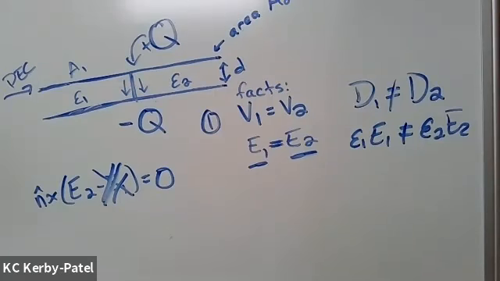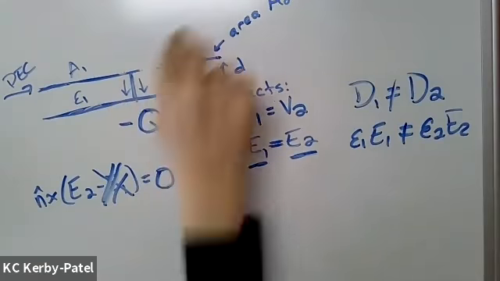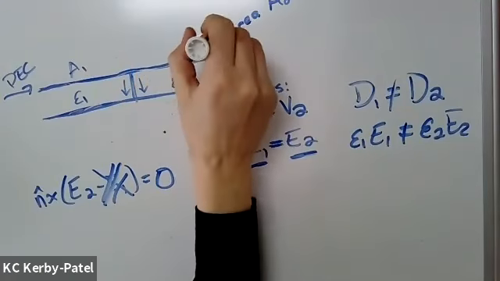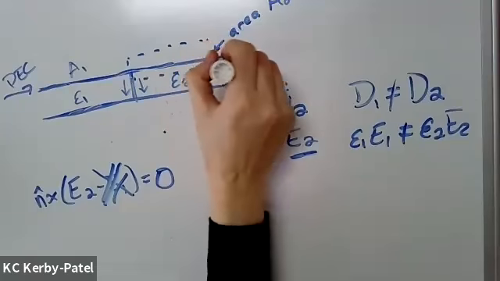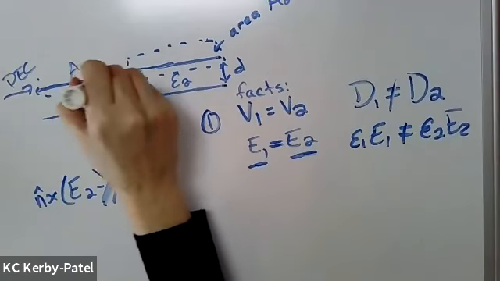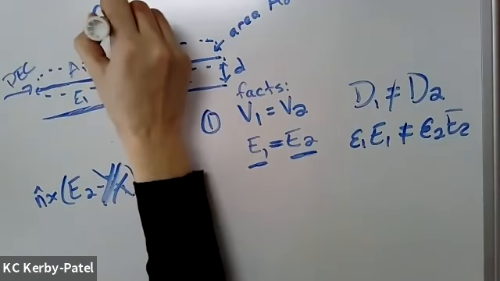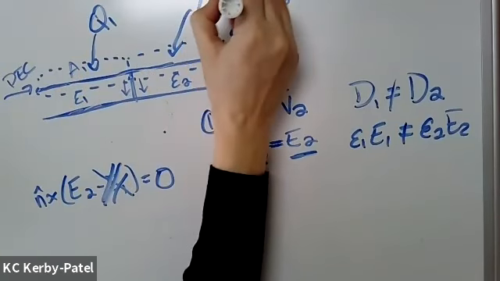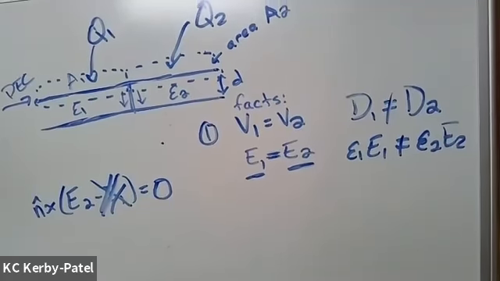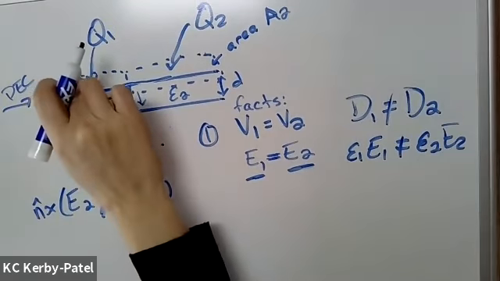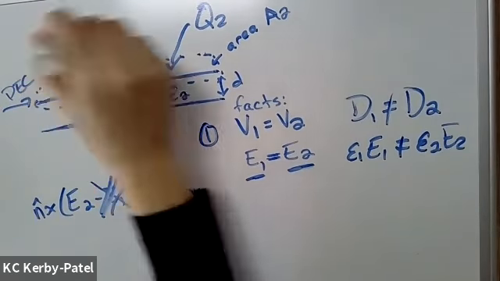Cool. But that means, what's going on with the charge here? If we think about what our Gaussian surface might look like, if we draw a separate Gaussian surface for this area and this area, and say that we have Q1 over here and Q2 over here, let's say that these areas are equal in size, right?